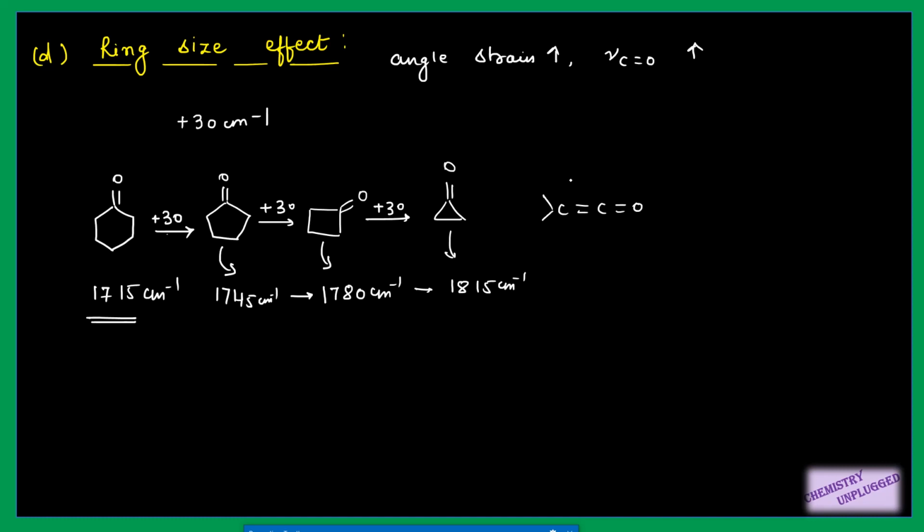And you can memorize the value for ketene, it is also important, and it has a vibrational frequency at 2140 centimeter inverse, right? Then you can take one more example, cycloheptanone. Cycloheptanone is considered much less strained than cyclohexanone, and it has a value of 1705 centimeter inverse, less than the base value. So you can also remember this one.